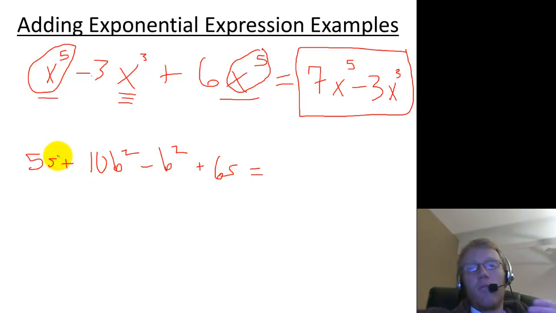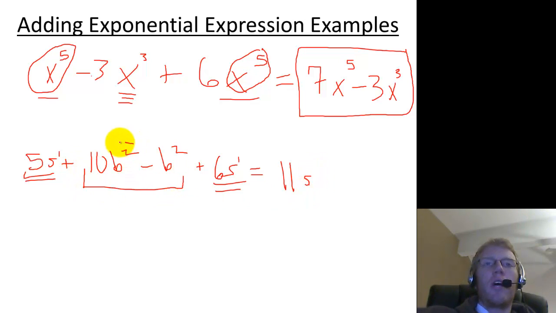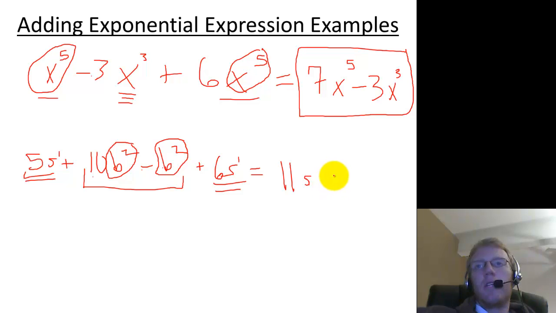This s, if you don't see anything there, it's automatically the first power. So the 5s and the 6s can be combined into 11s to the first power. And then these two, they both have a b squared, and so I can combine them. 10 minus 1 is 9, so plus 9b squared.